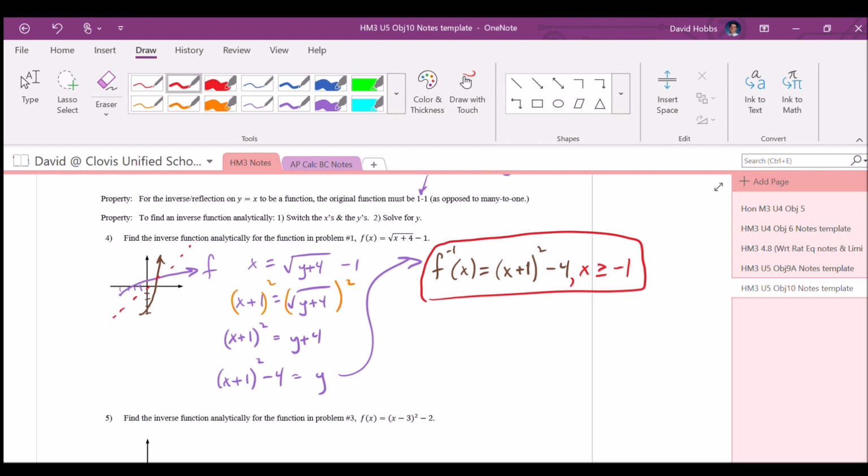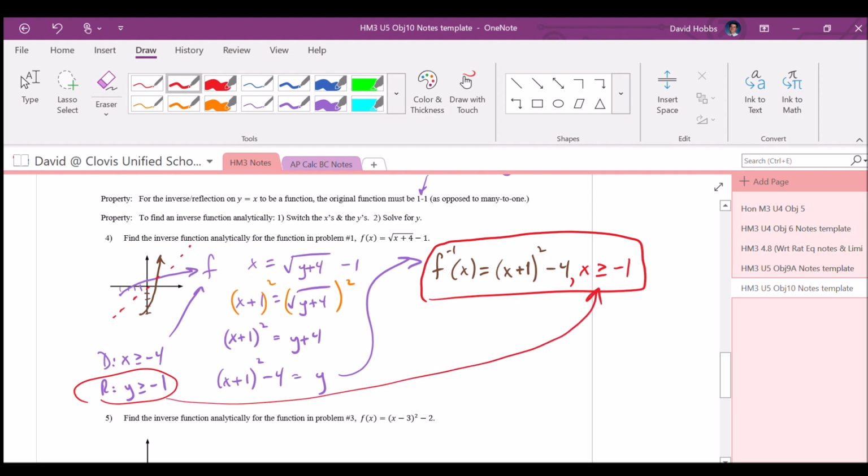Now, if you don't have the sketch going, you can be paying attention to the domain and the range of the original, because we know that the domain of this one is x is greater than or equal to -4, and the range is y is greater than or equal to -1. But we also know that the range on the original becomes the domain on the inverse.